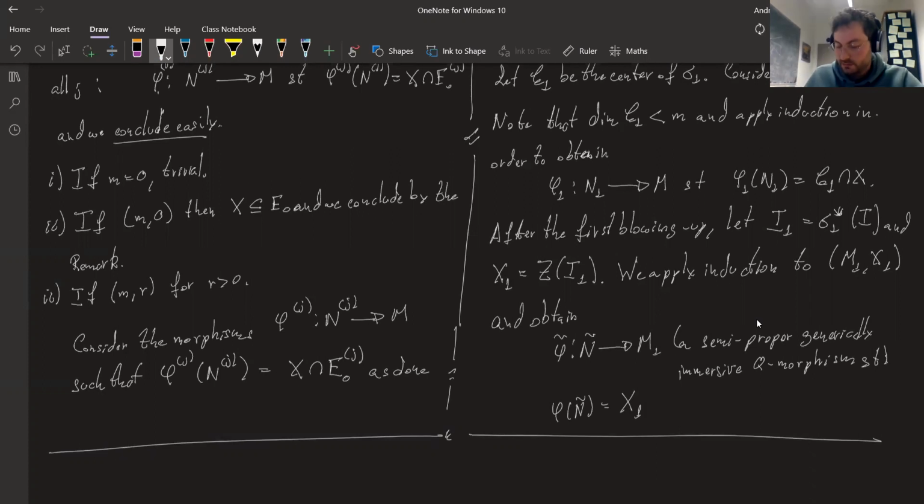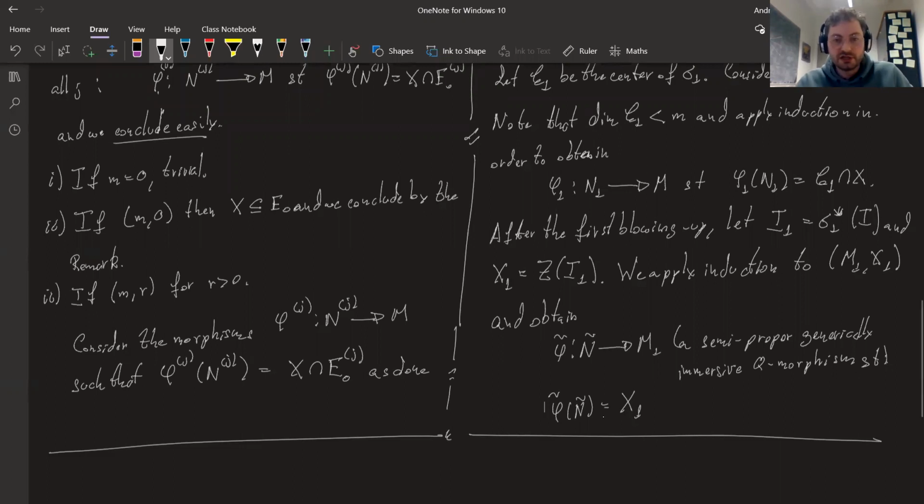Now this morphism here might not be good enough. Outside of the exceptional divisor E1, this is okay because there was no change in the set X. But X1 inside of the exceptional divisor might have components which are much bigger than the ones coming from X. Particularly, for example, it might contain a whole component of the exceptional divisor, and then when we consider the composition of phi tilde with sigma 1, we're going to have something which is not in X, something which is too big.